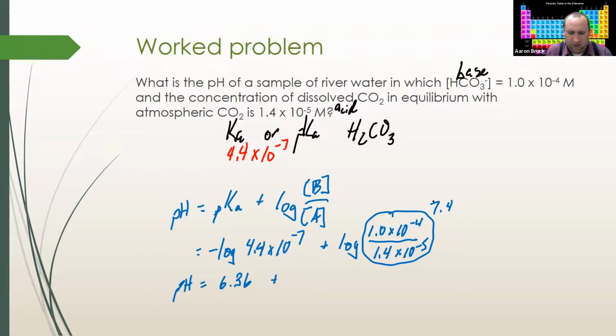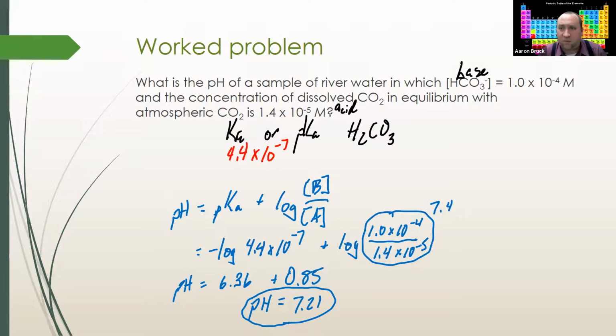The log of that is 0.85. So that means that the pH is equal to 6.36 plus 0.85, which would be 7.21.